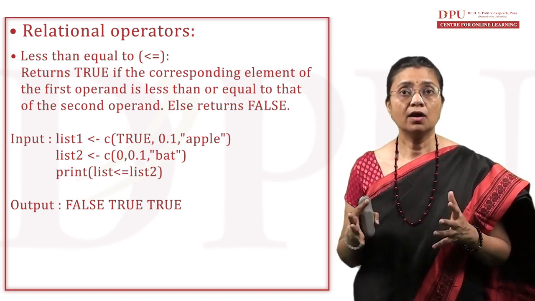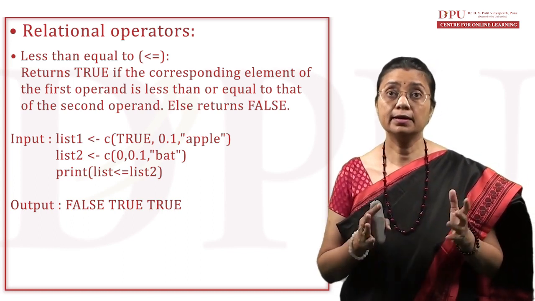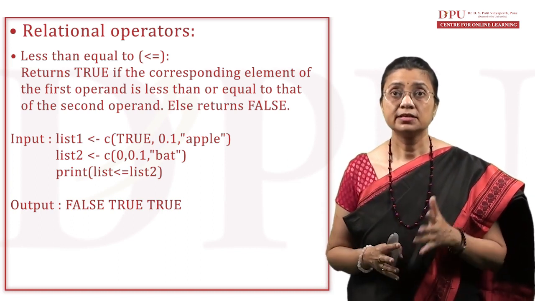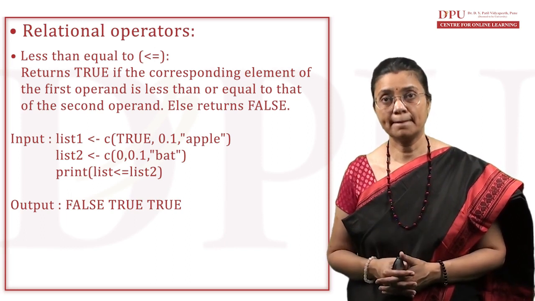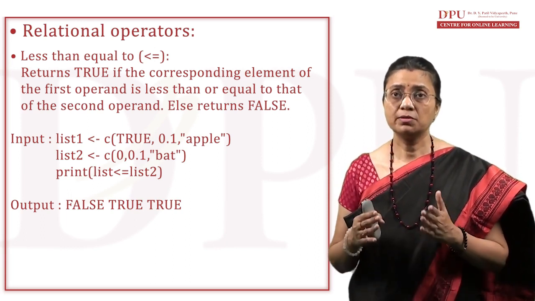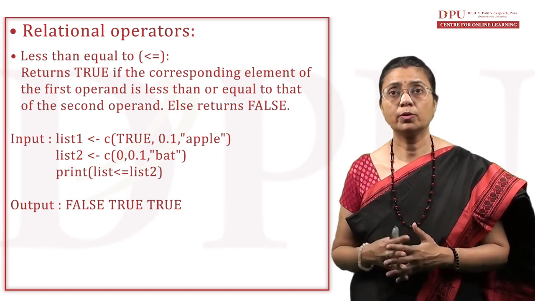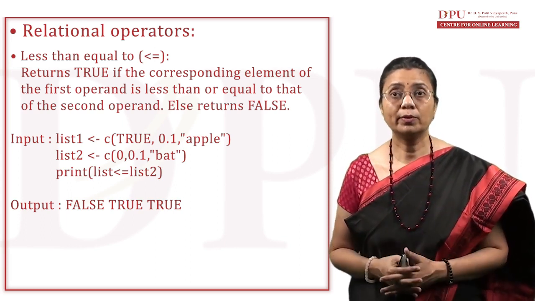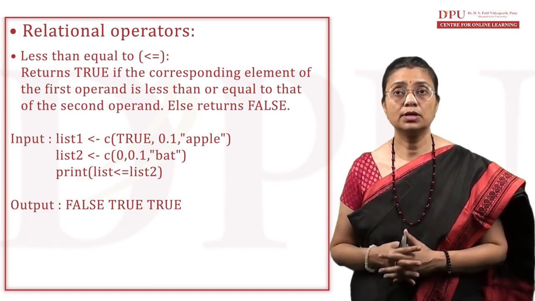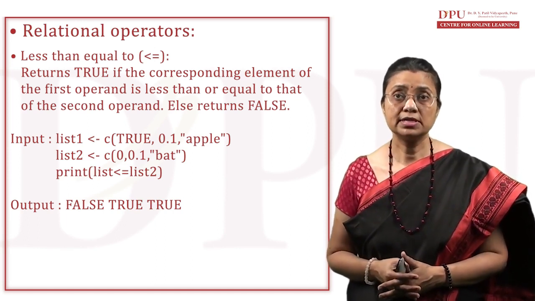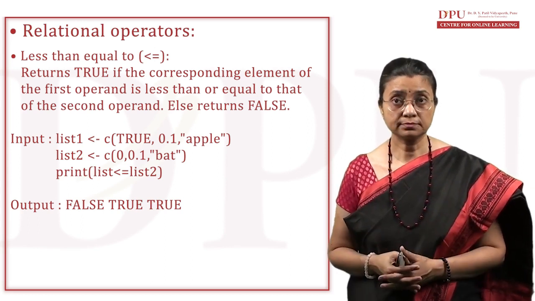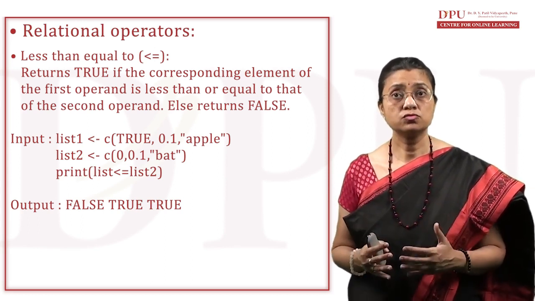So now the command is like input list1 where we have given the data C, true, 0.1, apple, and list2 where we pass C, 0, 0.1, bat. So these are the two lists. Now I want to print list1 less than or equal to list2. So we can see list1 <= list2, and the output is false, true, true.